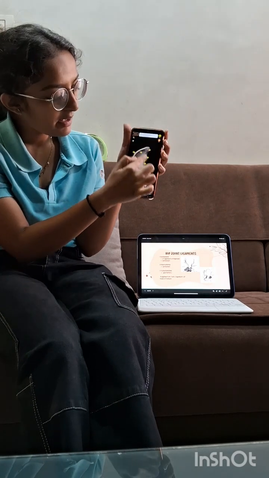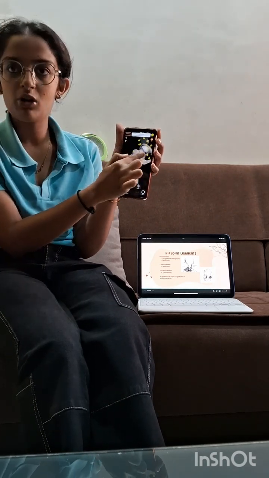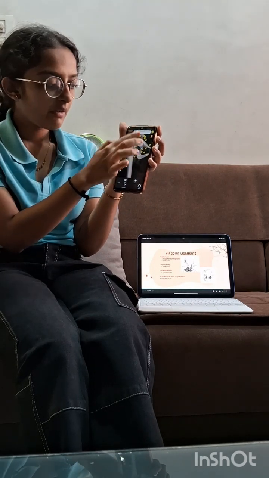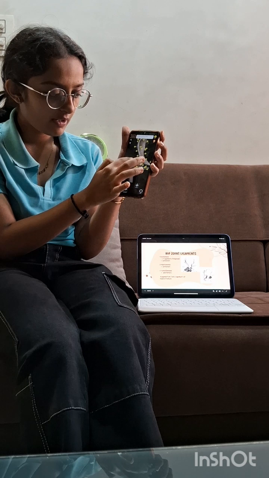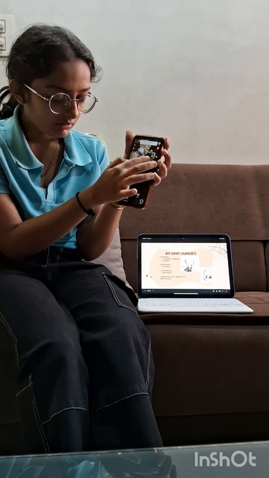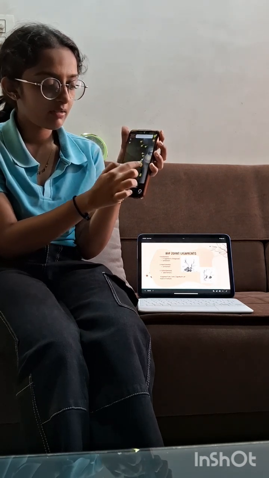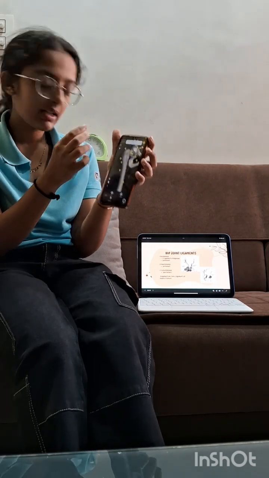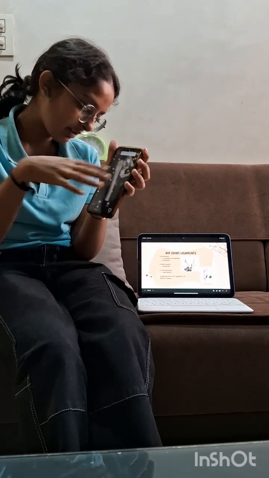So first is between the ilium and femur, second is between the pubis and femur, third is between the ischium and femur, and fourth is the ligamentum teres, on the head of the femur.